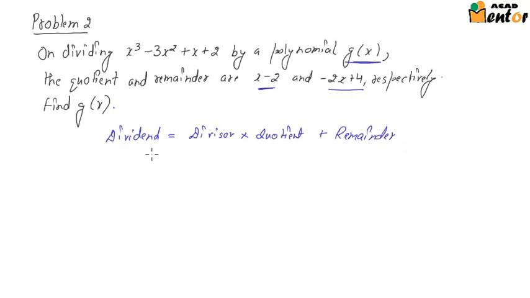We know the dividend, which is this polynomial, we know the quotient, and we know the remainder, so we have to find the divisor. So from this relationship I can say that divisor would be equal to dividend minus remainder divided by the quotient.